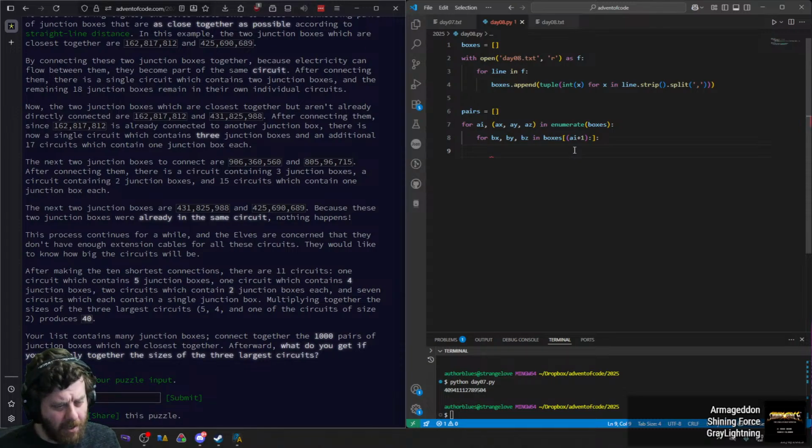No, but I don't actually care about the distance between them, because I don't want to take the square root. The square root's a costly operation, and I can just keep the value without the square root, and it'll be cheaper. I don't want it to actually calculate distance.